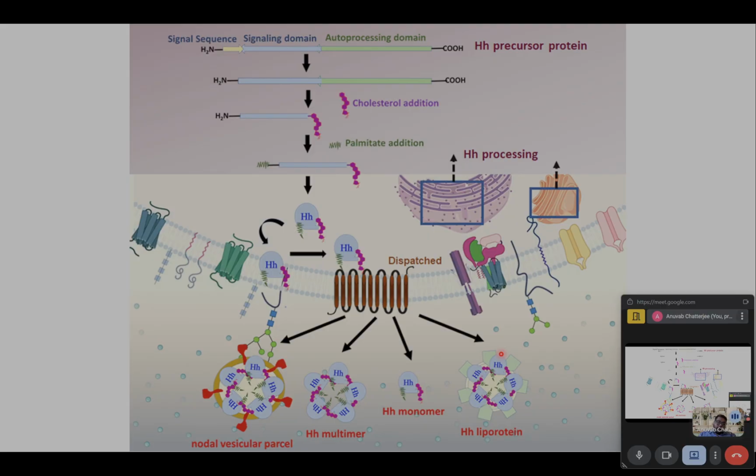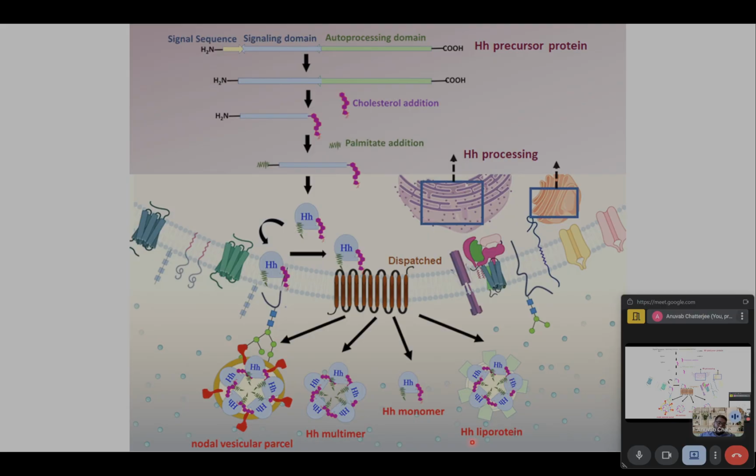Actual signaling, or rather longer range signaling, occurs by those forms of Hedgehog in which the hydrophobic parts of the protein are hidden from the hydrophilic extracellular environment.